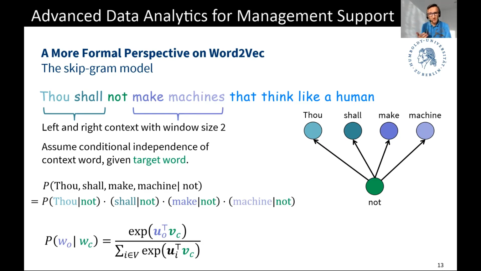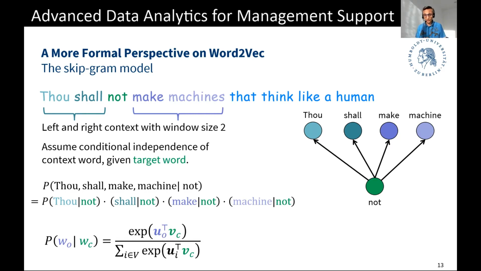And, you know how neural networks model probabilities? They do so using a softmax. And that is exactly what you see here. In this formula, we have an ordinary softmax where we compute the dot product of two vectors, UO and VC, and these vectors represent the embedding of our two words, WO and WC.